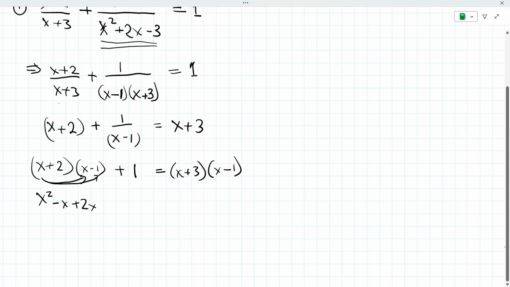Then 2 times negative 1 will give us negative 2, plus 1. And this will equal x times x, which gives x squared. x times negative 1 will be minus x. Then 3 times x will be positive 3x. And 3 times negative 1 will be negative 3.